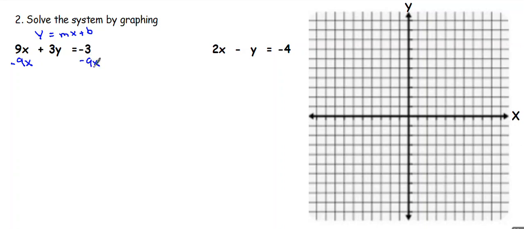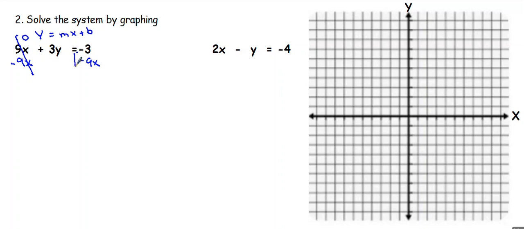Okay. So doing that will cause a couple things to happen. First of all, it will get rid of the 9x on this side of the equation. So that will disappear. That's going to go to 0. Okay. And if we think about it, this is going to create a line right here.